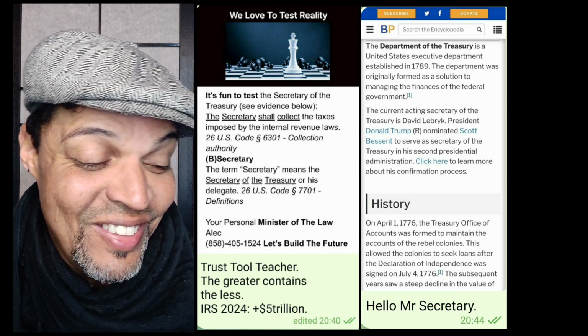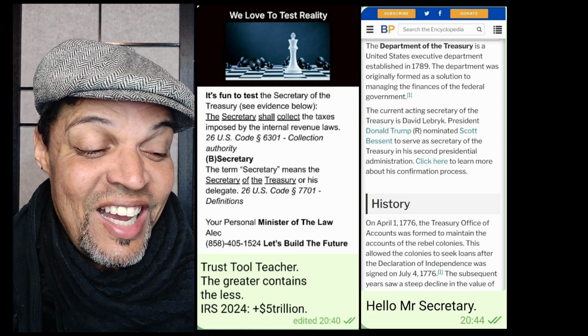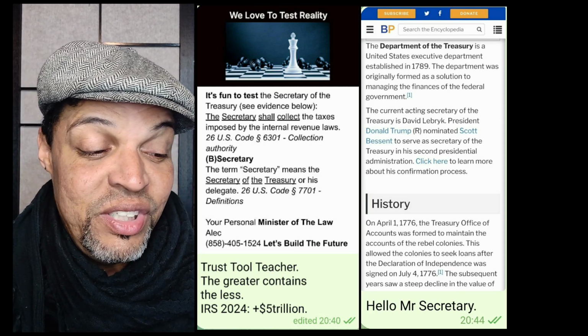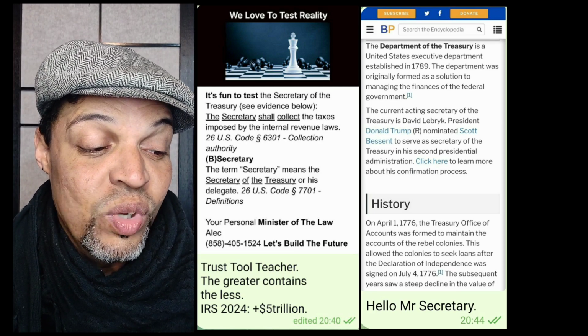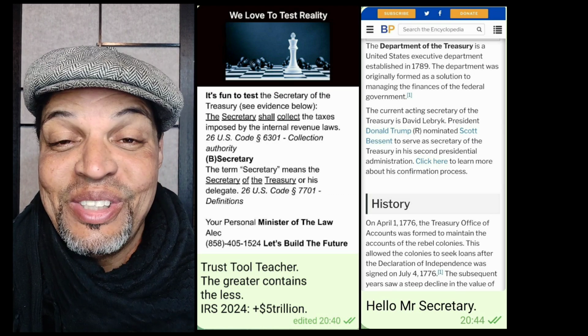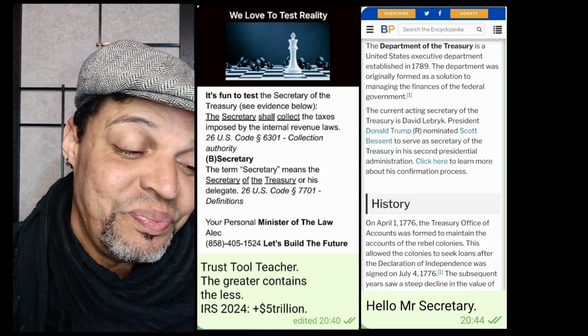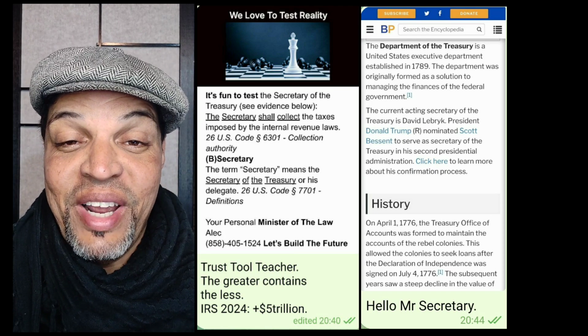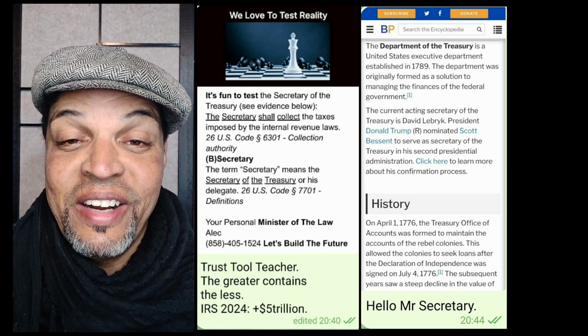So check this out. It says this allowed the colonies to seek loans after the Declaration of Independence was signed on July 4th, 1776. So do you see? They already established the Treasury office, and then they said, we're going to declare independence.